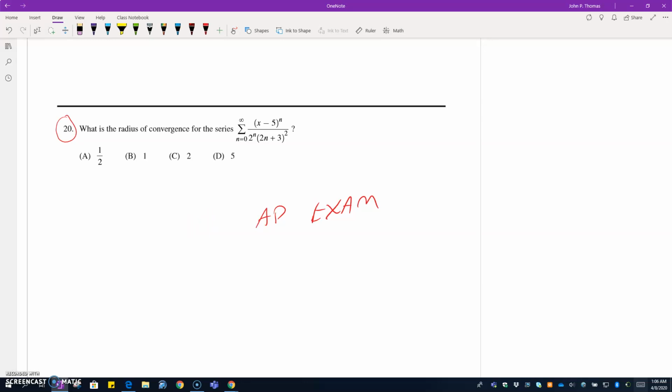So this is asking for the radius of convergence. So the first thing we want to do is find out basically what I would need for the ratio test to pass. So for the ratio test, we take the limit as n goes to infinity, and we take one term further out, so the n plus 1 term.